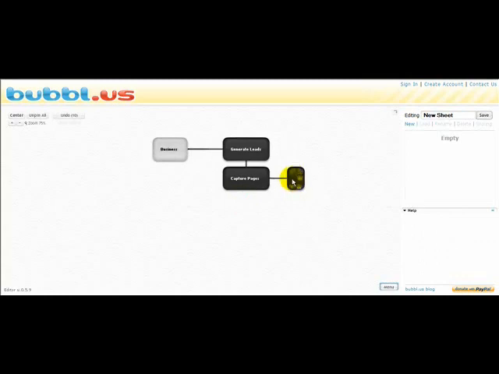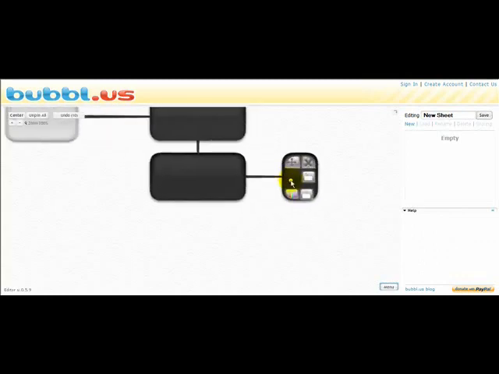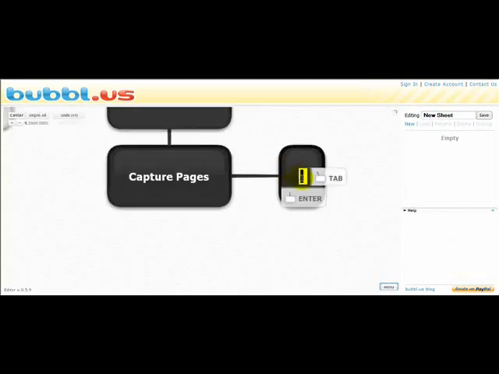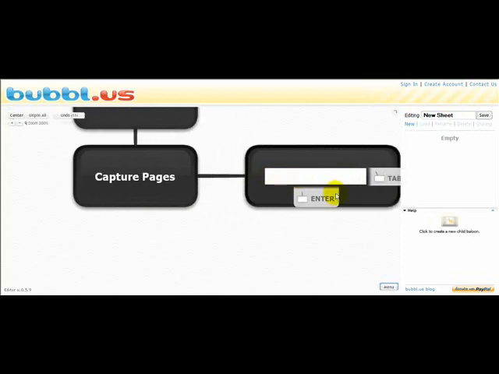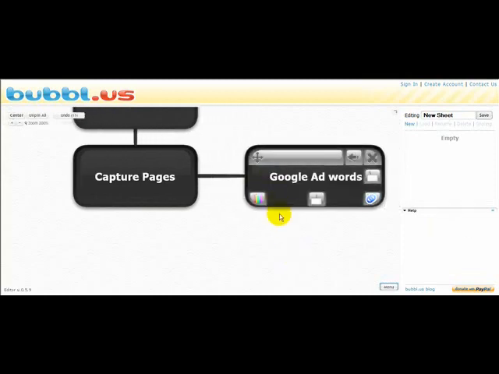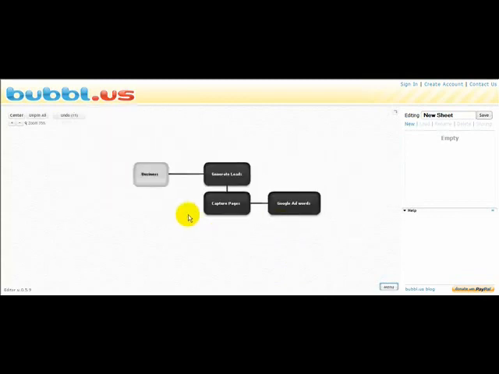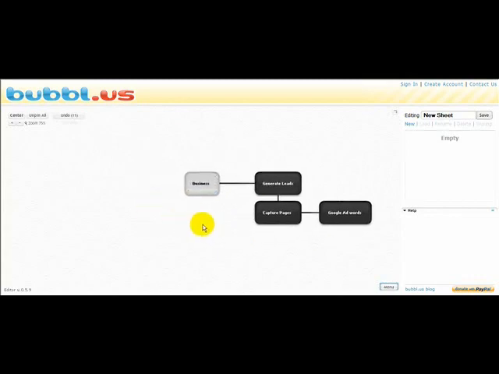So I can move it over. Let me zoom in a little bit here so you can see. There we go. So that's how this works, and this is a great little tool because you can see what you need to do and all the steps you need to do it as well.